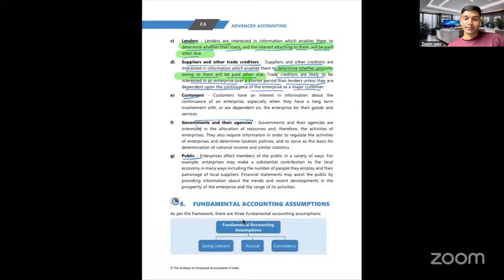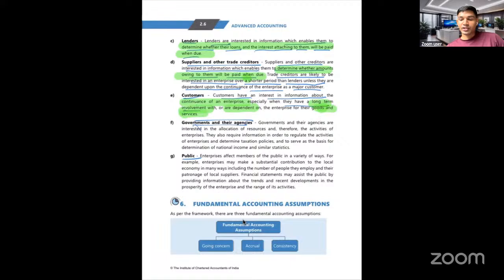Customers have an interest in the information about the continuance of the enterprise, especially when they have long-term involvement with or are dependent on the enterprise for goods or services.